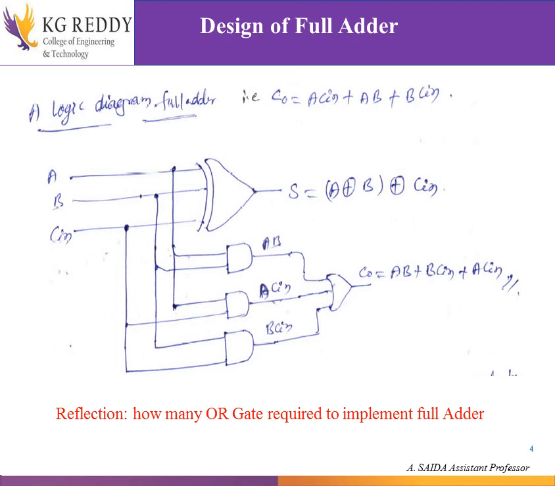My reflection question here is: how many OR gates are required to implement the full adder? Only one OR gate is sufficient, required to implement the carry output.